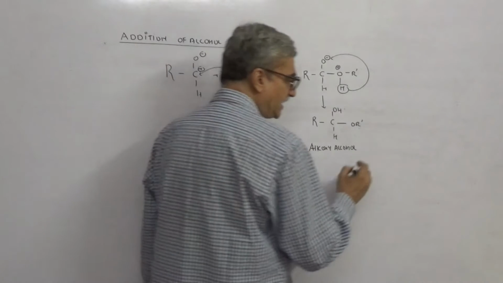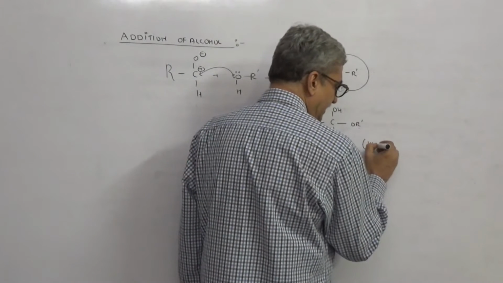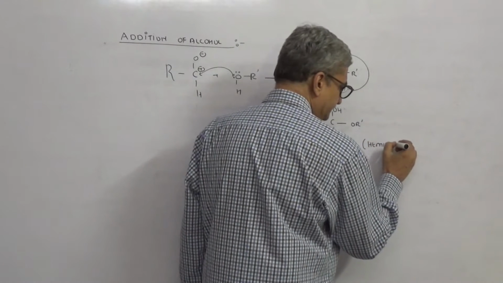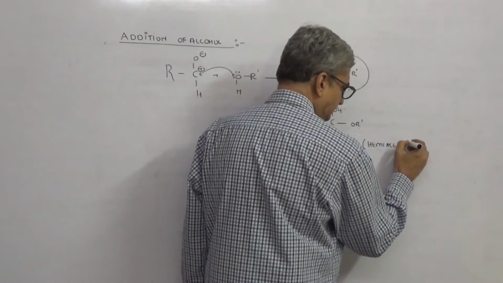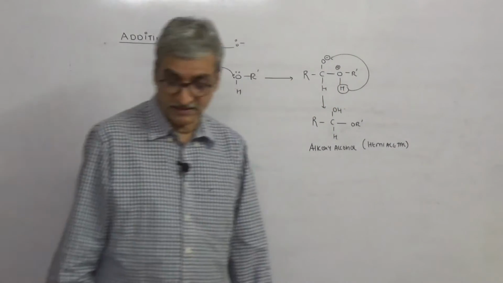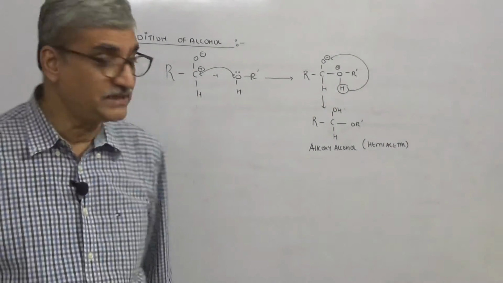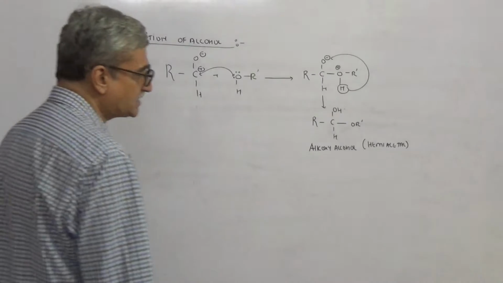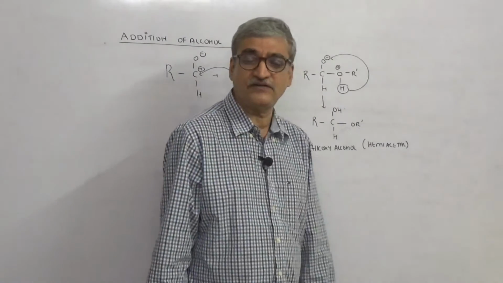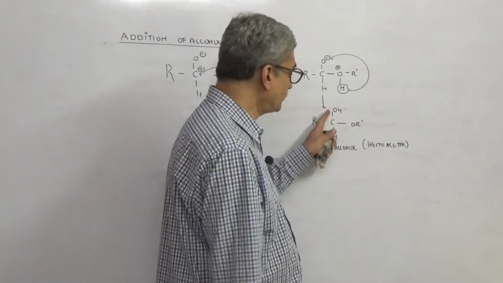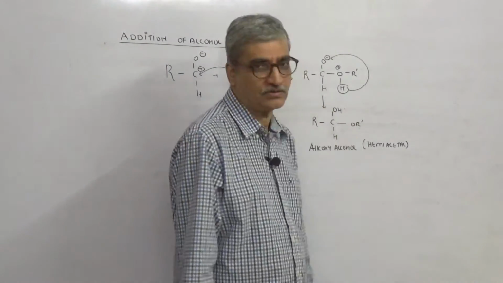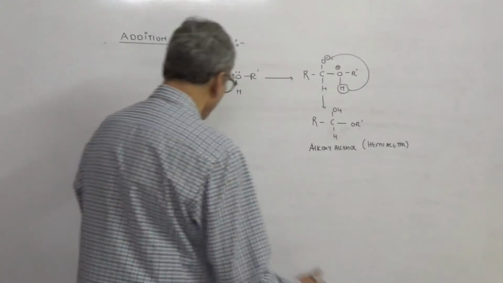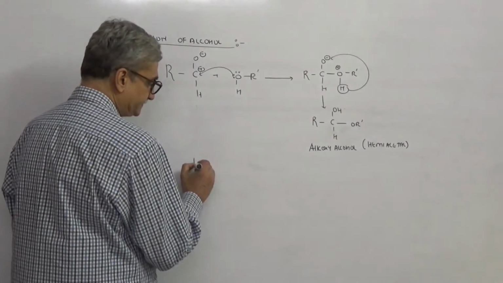And alkoxy alcohol is called hemiacetal. So what is the question that we can expect? The question we can expect is, in hemiacetal the functional groups are hydroxyl group as well as alkoxy group. It is clear.